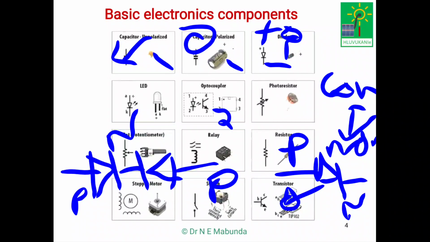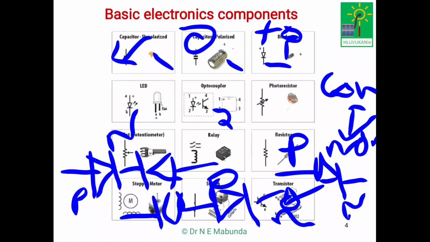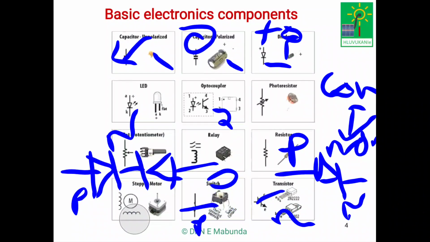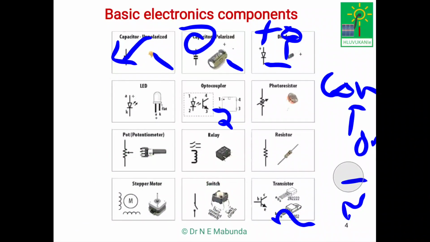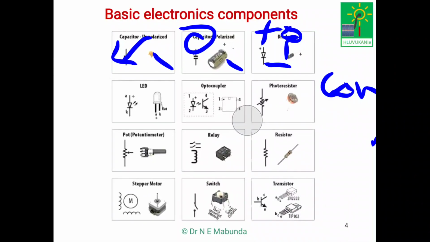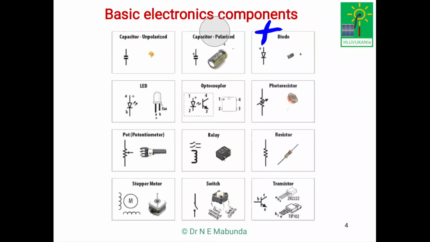But if you have them the other way around, like that, you will have P between two N's. So it's like having one structure of a diode that is sitting between two similar structures.